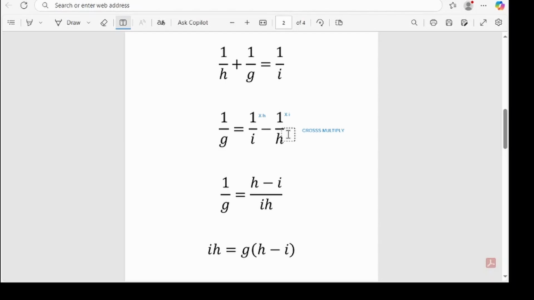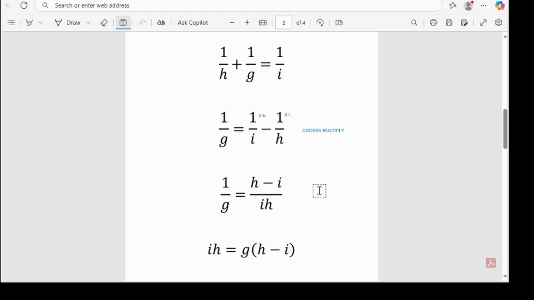You pick the denominator on your far right, you multiply it with the numerator on your far left. You pick the denominator on your far left, then you multiply it with the numerator on your far right. So you are cross multiplying.